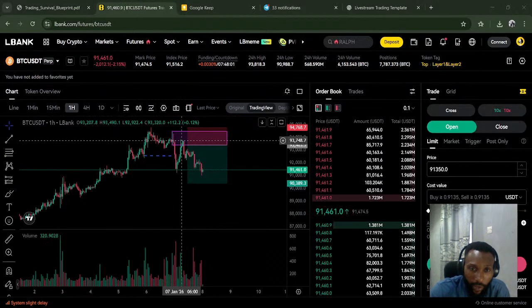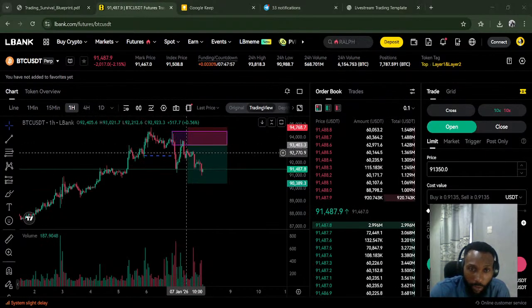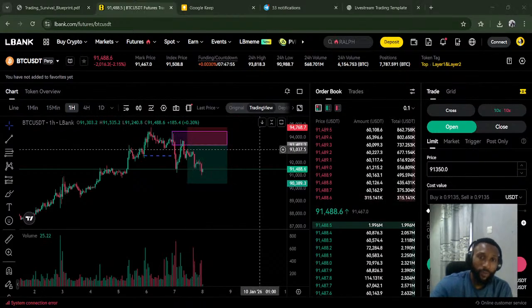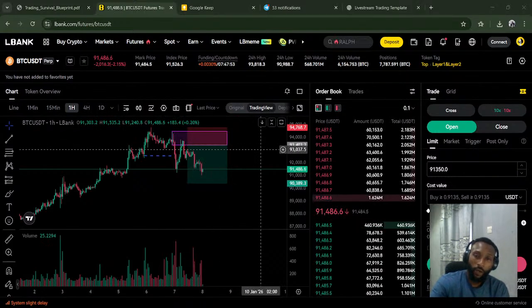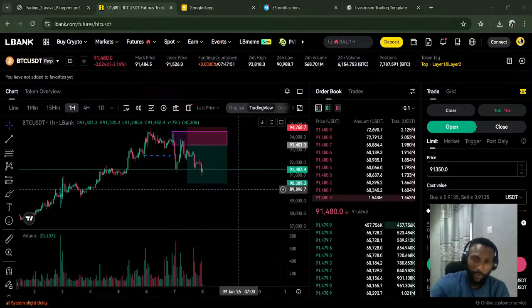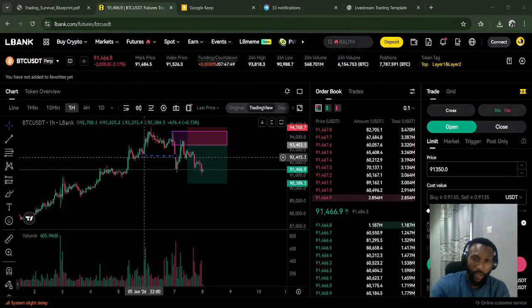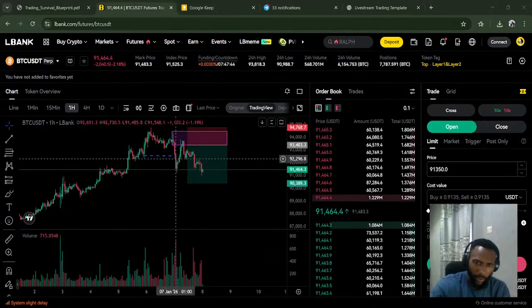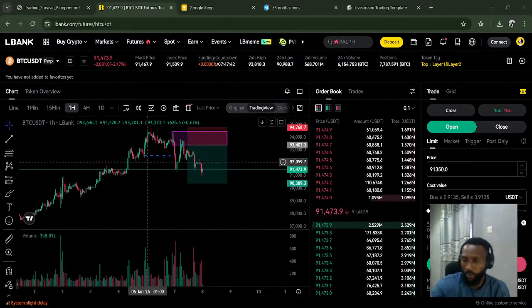It touched, entered a little bit, went up a little bit, and boom, started coming down. This is a confirmation that a downtrend is starting, after it changed character and broke through the previous higher low.